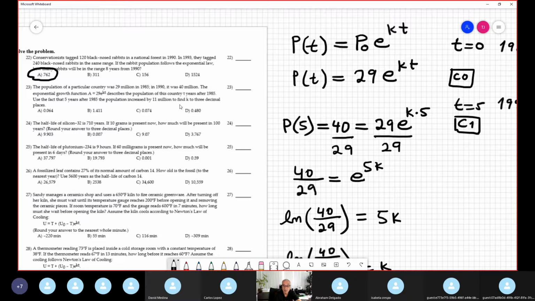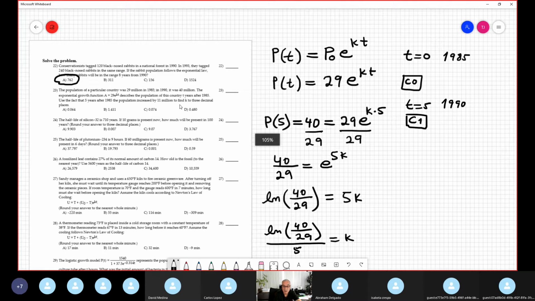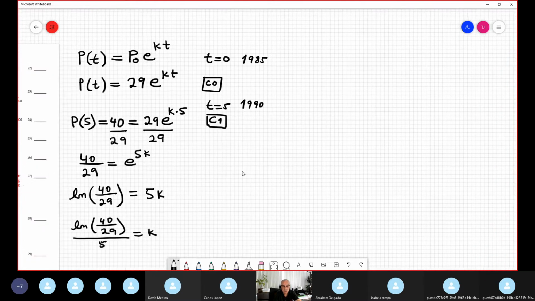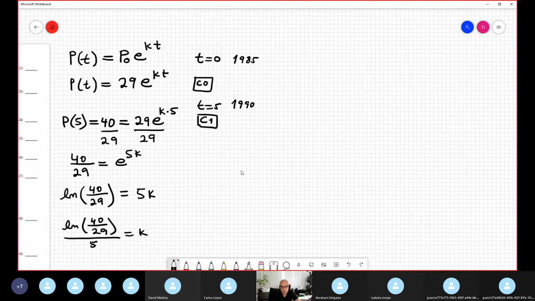Okay, 11 after. I understand now. So they want to know the condition 2 is when the t is equal to 11. Bueno, plug it in. That's it. Plug it in where? Here.